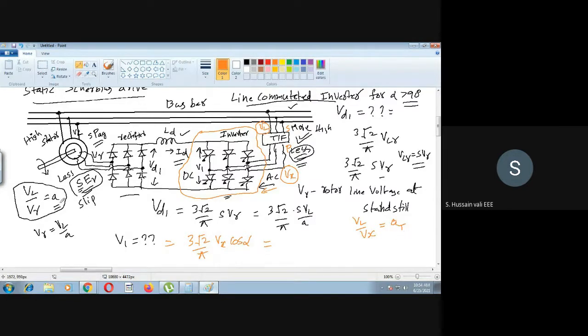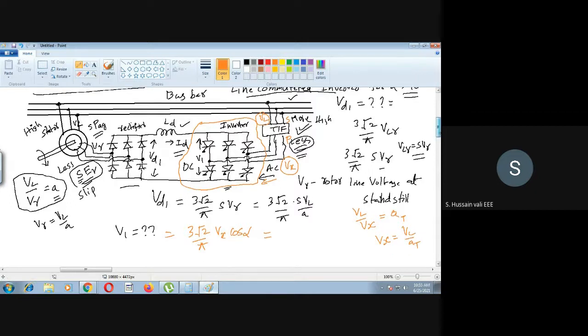Here AT is the turns ratio between the secondary and primary, not to be confused with the turns ratio of the induction motor between stator and rotor. One A is there already, so to differentiate this I take it as AT. Then Vx is equal to VL by AT.